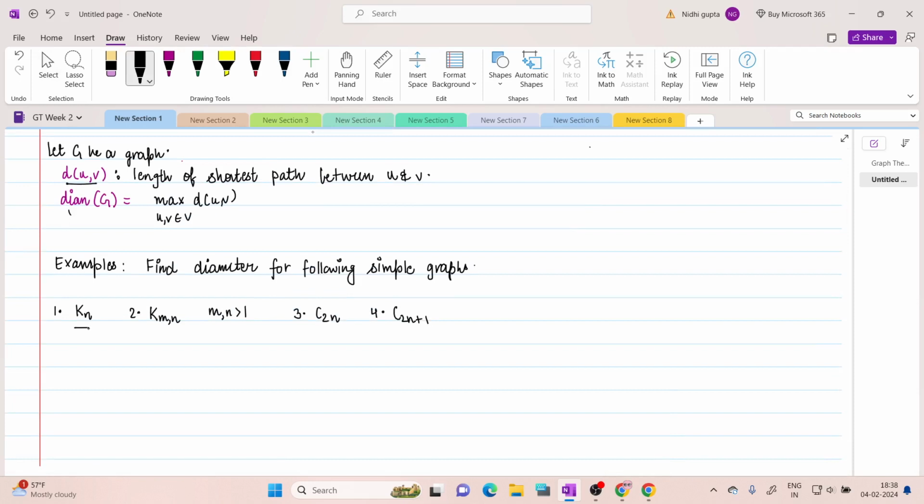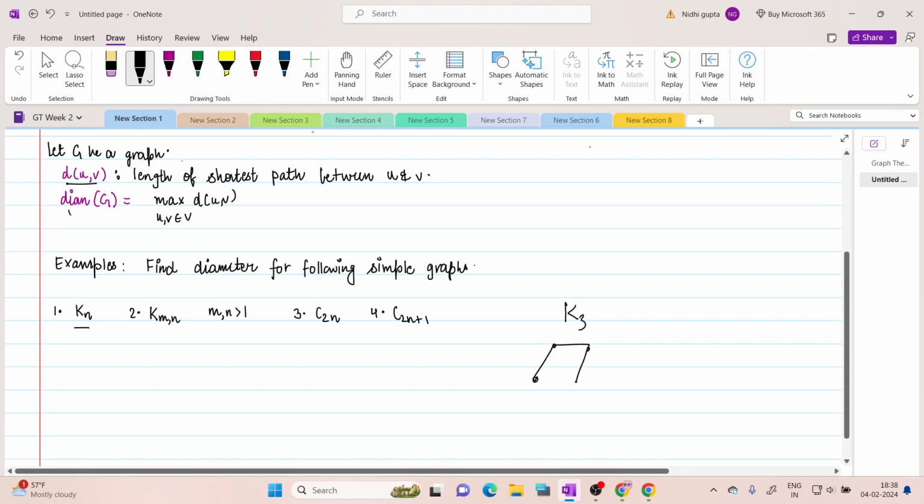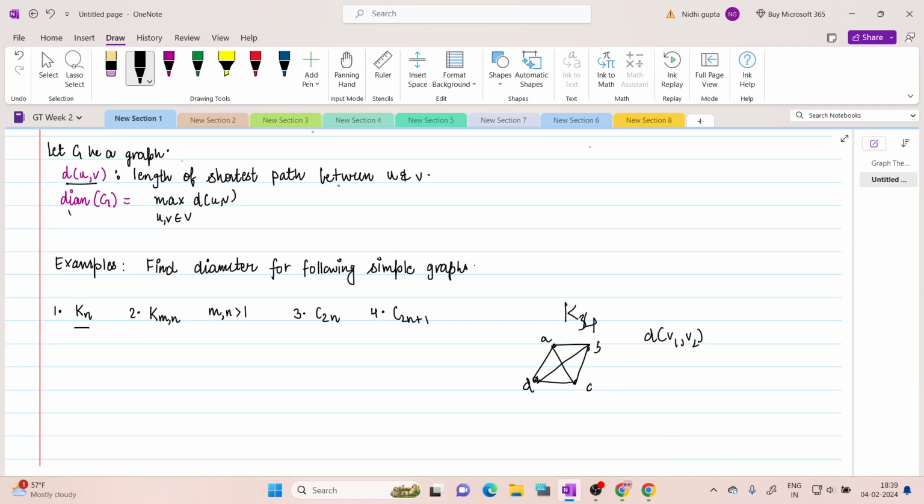If I take Kn, say K3, K4, let's take K4, K3 is too easy. Can you say anything about d(v1,v2) in K4? d(u,v) is the length of the shortest path between u and v.